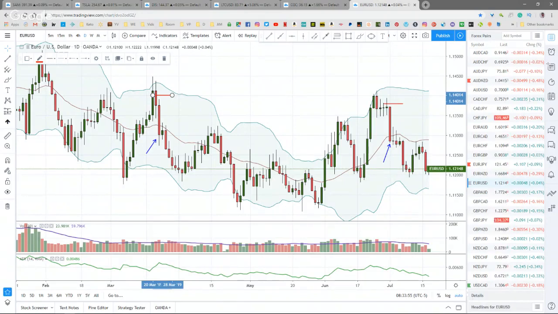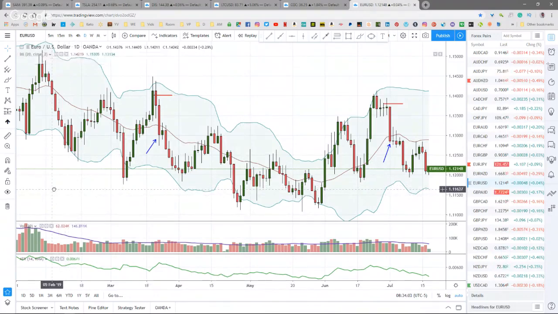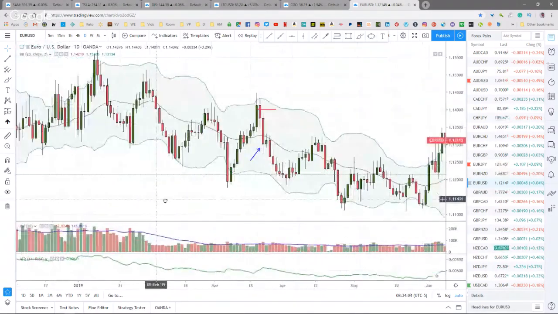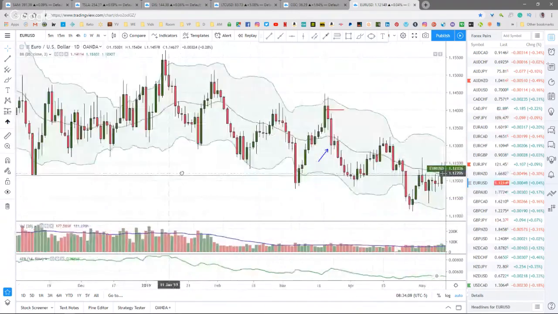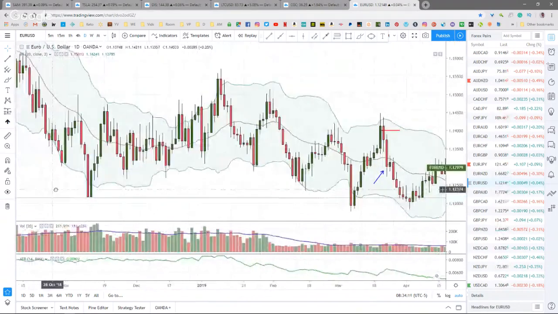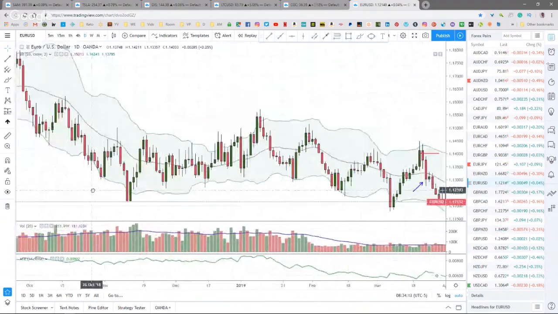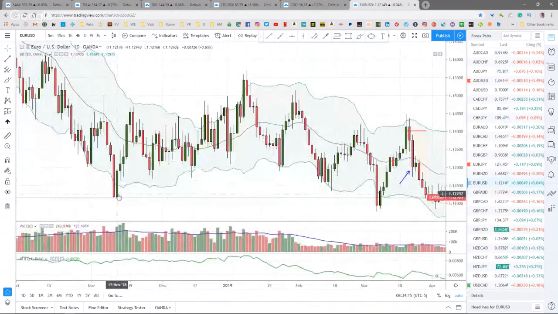Let's see. One example for buying. Okay, let's see if we can find one. Well, here's a bad example for buying, but it's only in hindsight that it's a bad example.